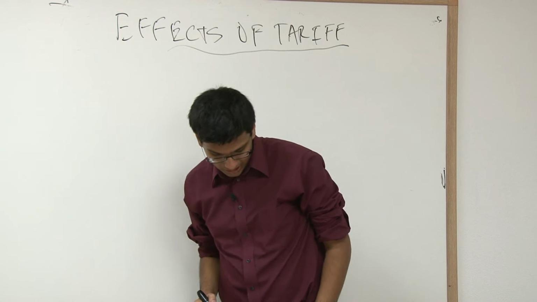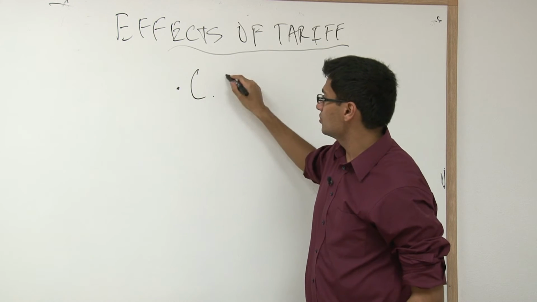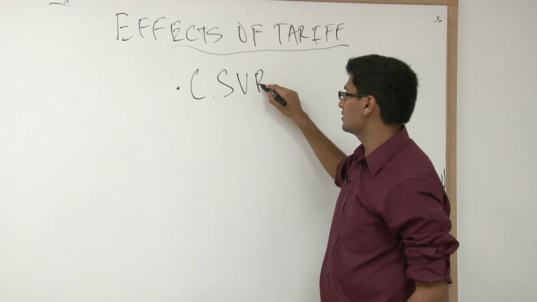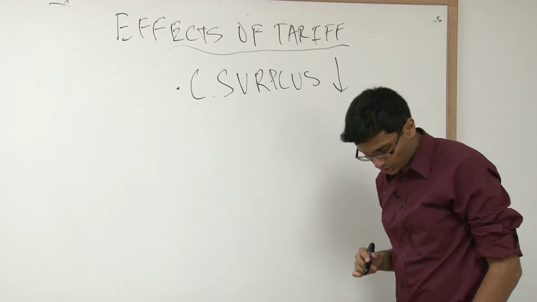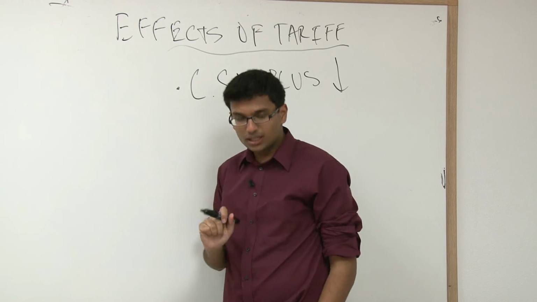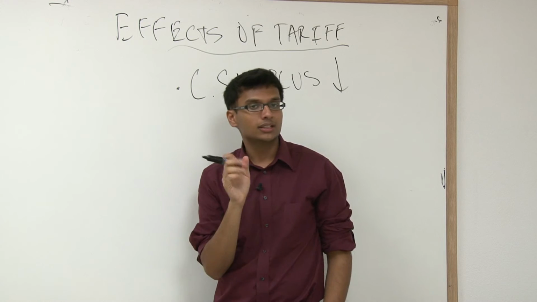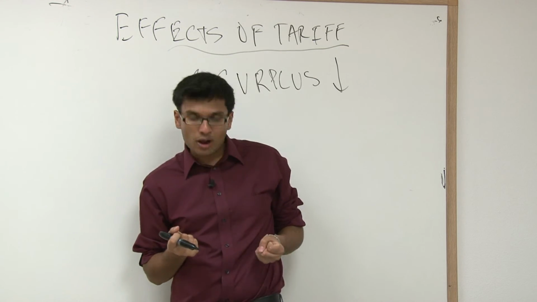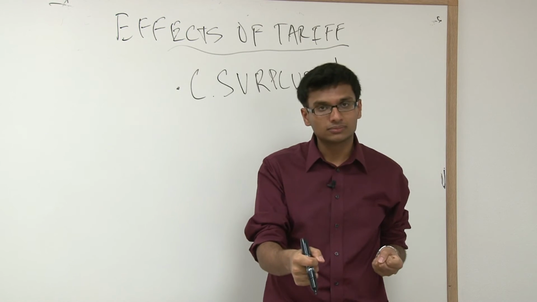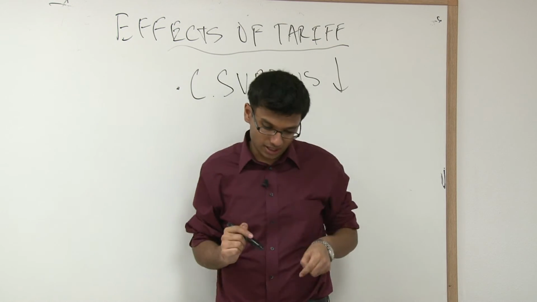they include a consumer surplus being lost. So CS, consumer surplus, goes down. Why is that true? Well, consumer surplus is oftentimes gone if the prices go up, because it takes power from the consumer and puts it in the producer, right? So this is because prices are going up because of these tariffs.